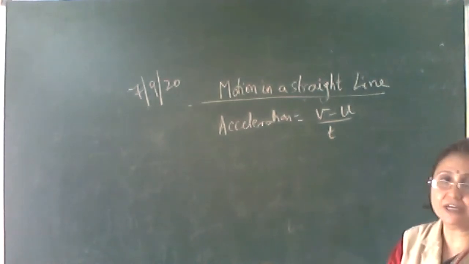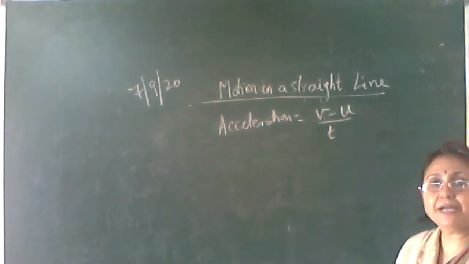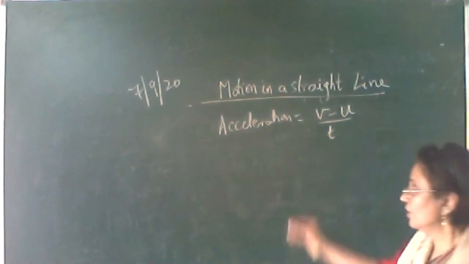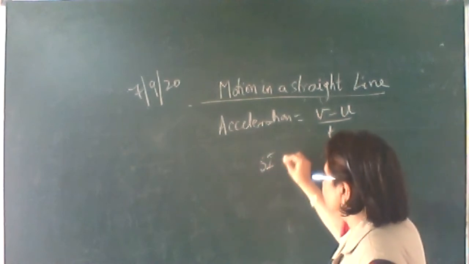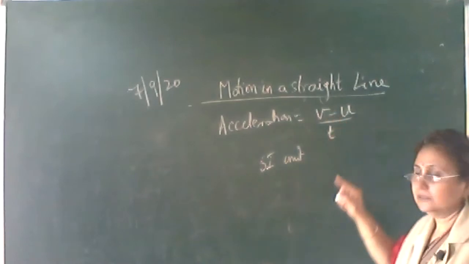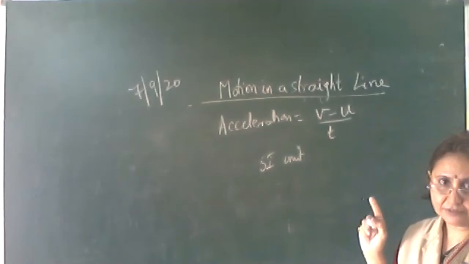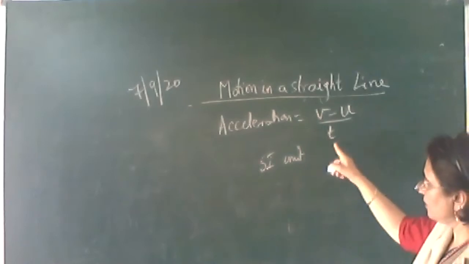Okay, so you can write down acceleration is the rate of change of velocity, and this is the formula v minus u upon t. Next comes its SI unit. From here, v minus u has the unit of velocity, meter per second upon second.